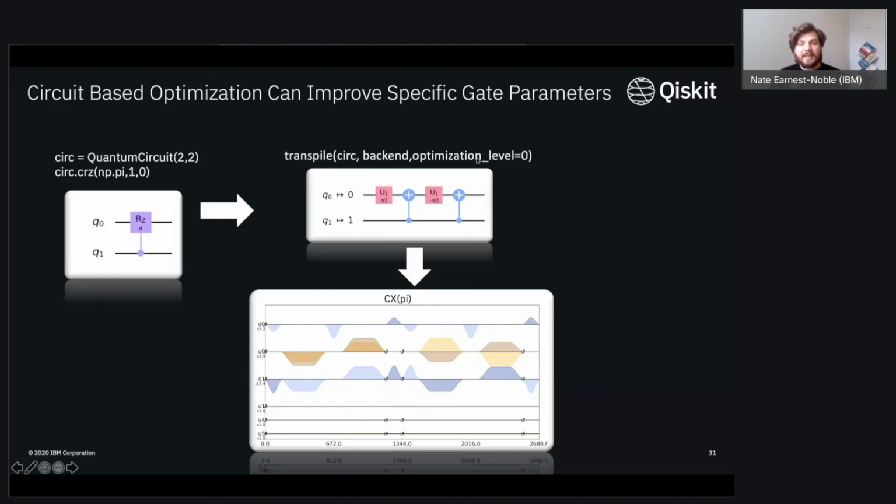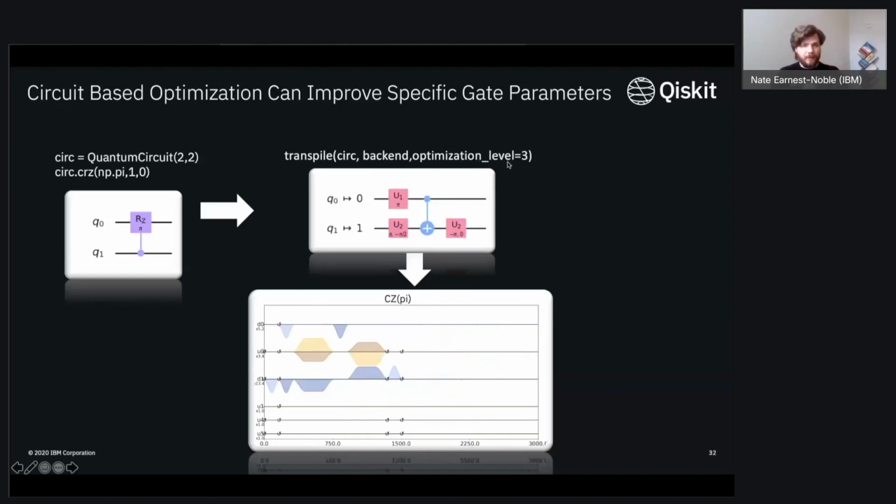Now, if we were to take this optimization level for this specific angle of pi and crank it up to 3, so try to do the most optimization to make this as efficient as possible, the Qiskit transpiler can be aware of the fact that for this specific angle of pi, you don't need two C0s, and instead you can do it with a single C0 gate here.